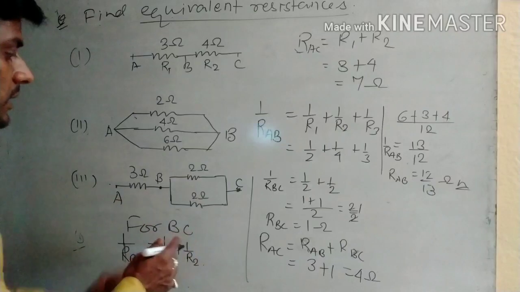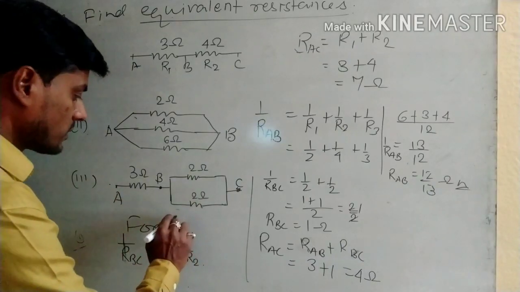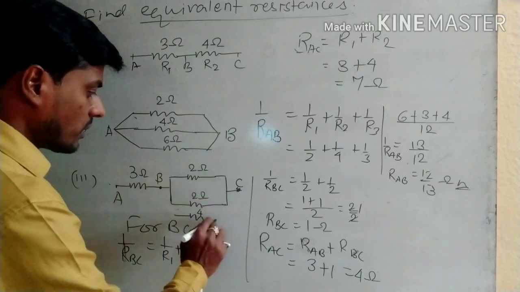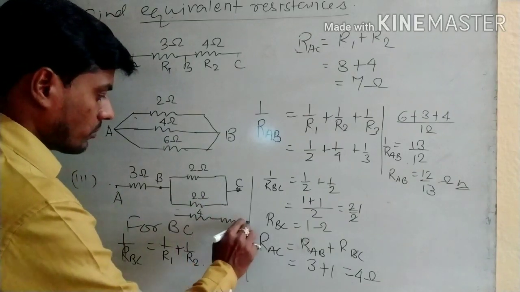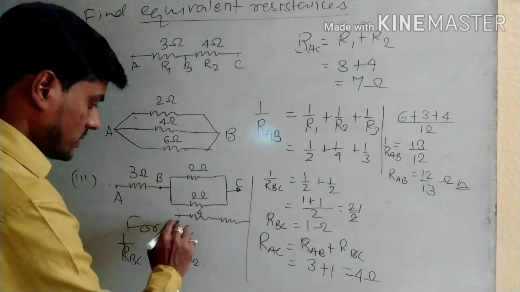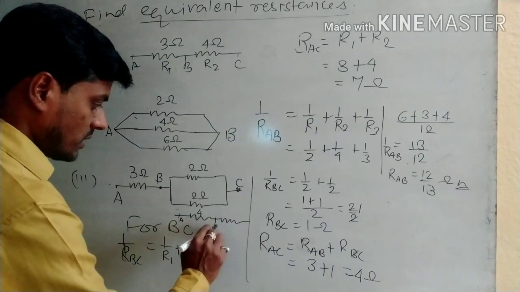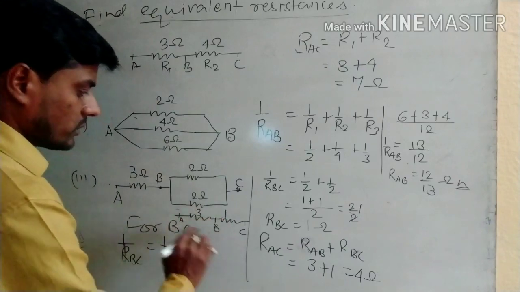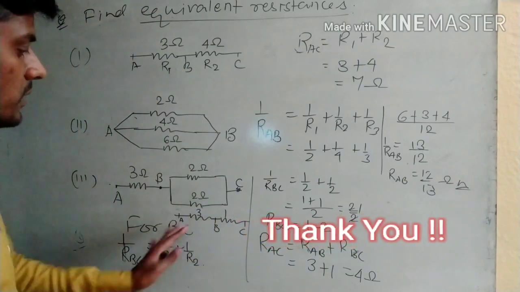That means finally our figure becomes like this: 4 ohm, and its value becomes 1 ohm. So it is A, B and C, with 3 and 1. Our figure finally becomes in this way.